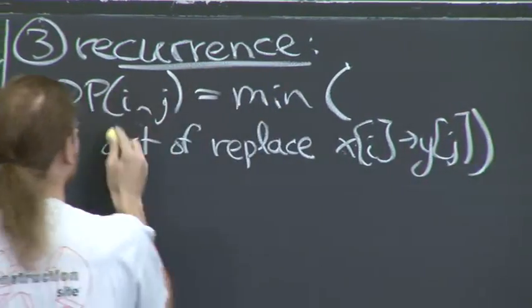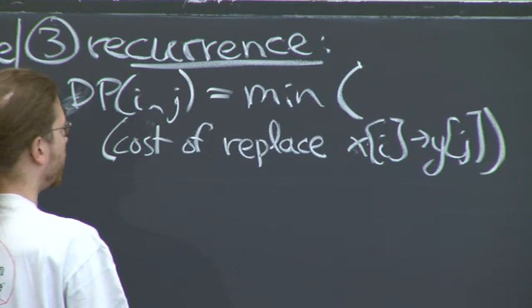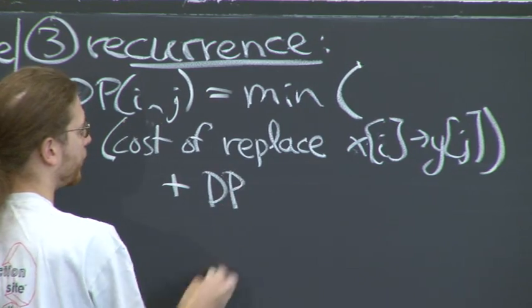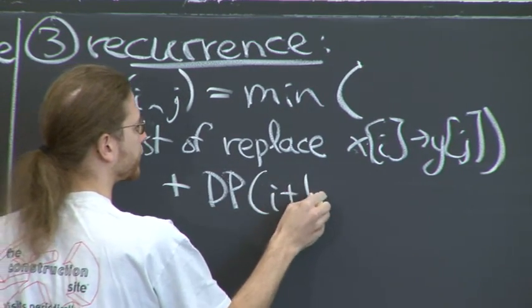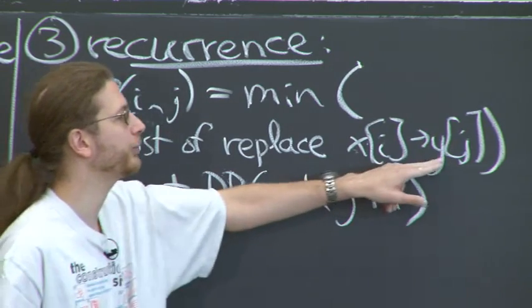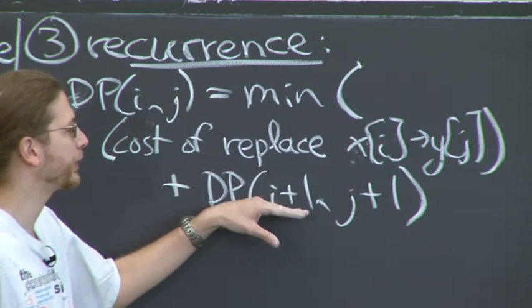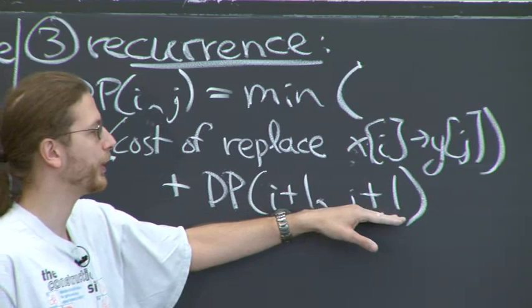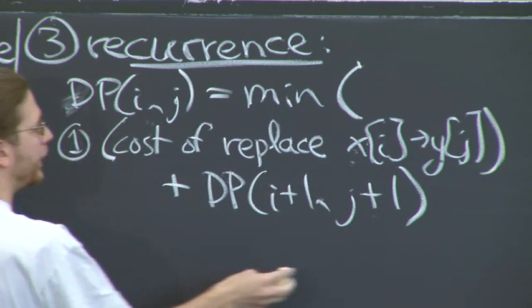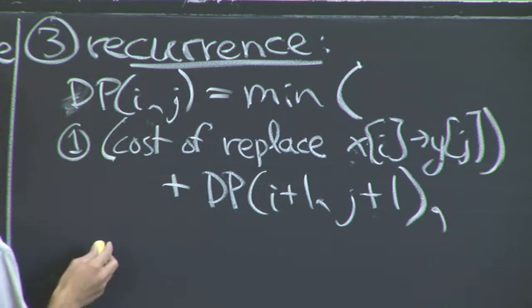So that's a quantity which we're given, plus the cost of the rest. So after we do this replacement, we can cross off both those characters. And so we look at i plus 1 onwards for x and j plus 1 onwards for y. So that's option 1. Then comma for the min.